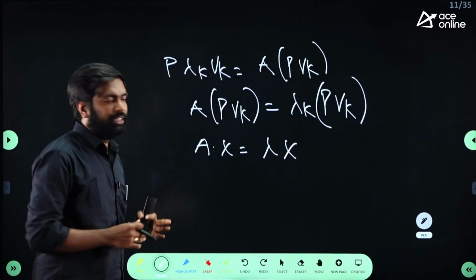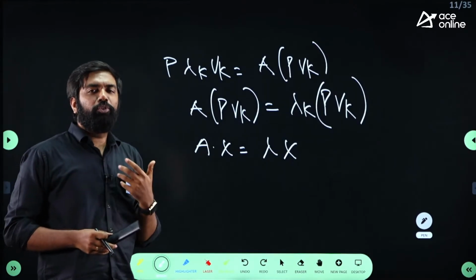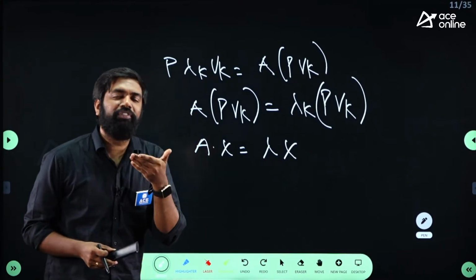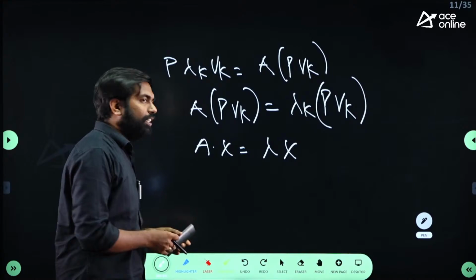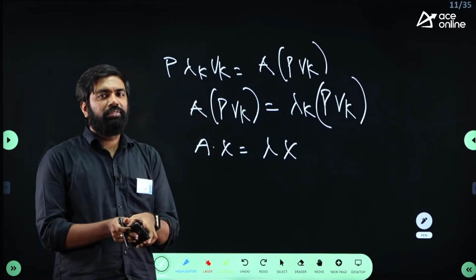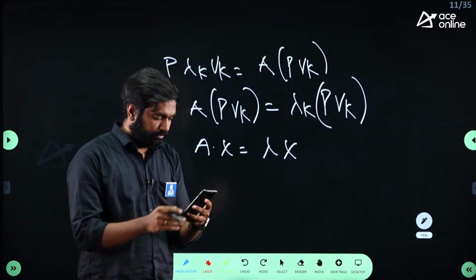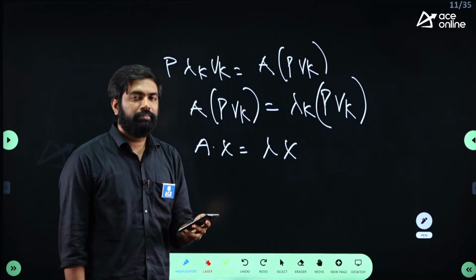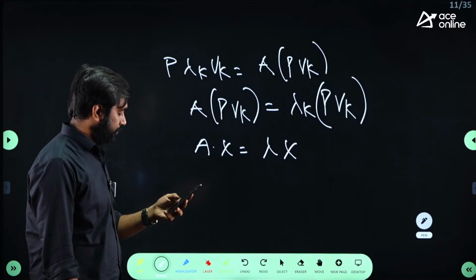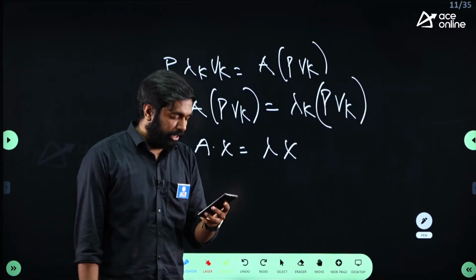Can you people compare and tell me, can you post your answer in the chat box? What could be the eigenvalue of A? What could be the eigenvector of A? Whoever answers, I'll read out their name. I'm waiting for your replies.